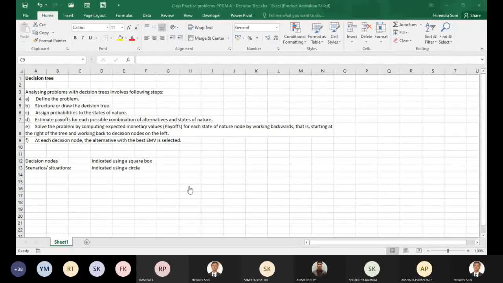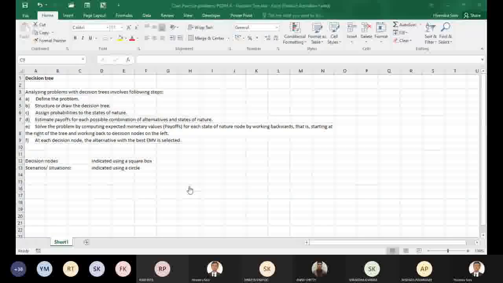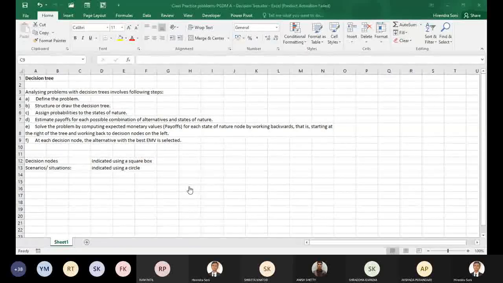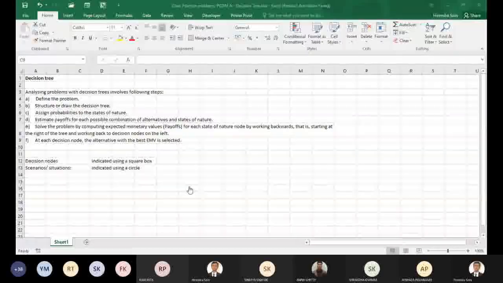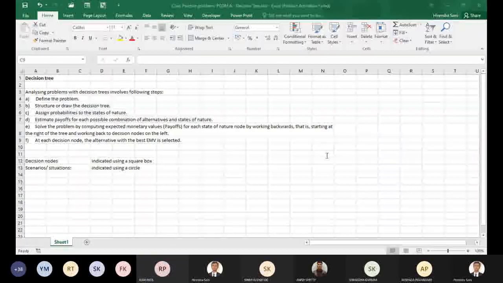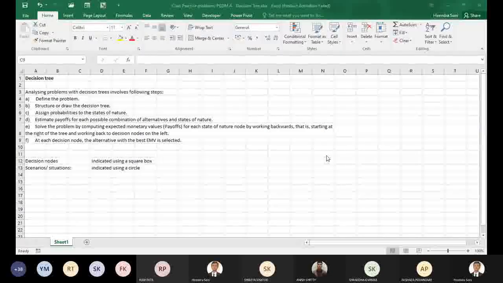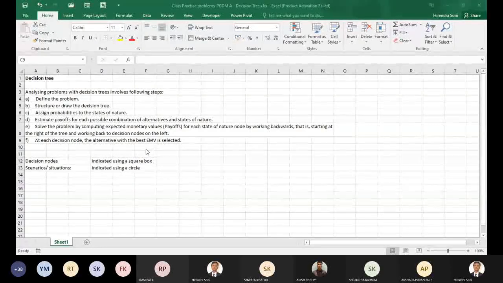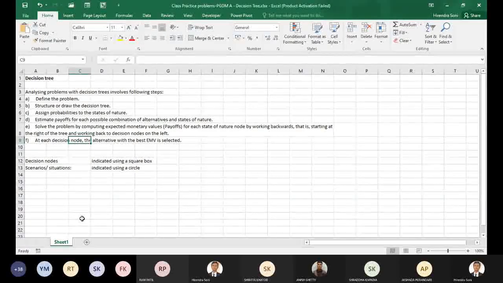Is it visible in your files tab, in Teams? Yes, sir. Decision tree PDF. Yes, please download that. Done, sir. Yes, that is what we are going to use now. I'm just pasting the question here for everybody.